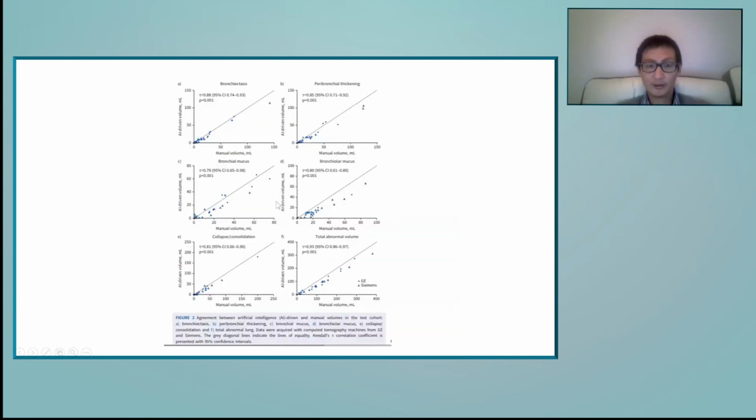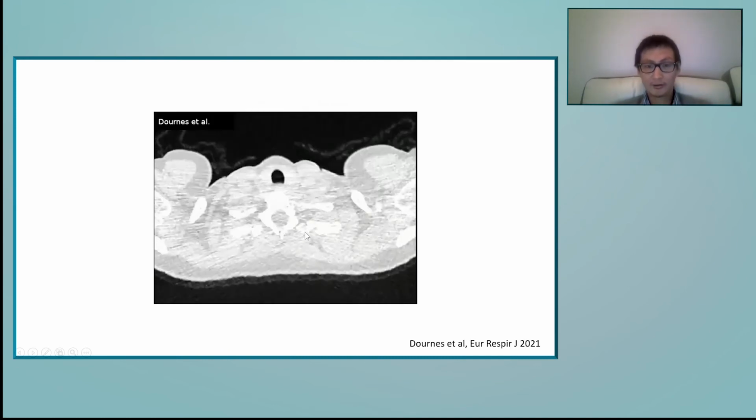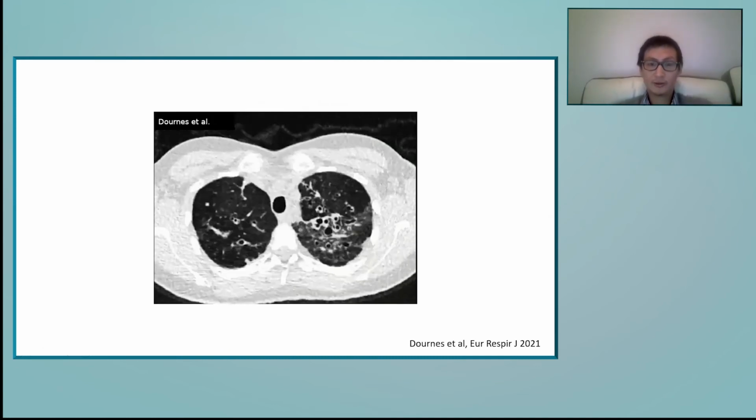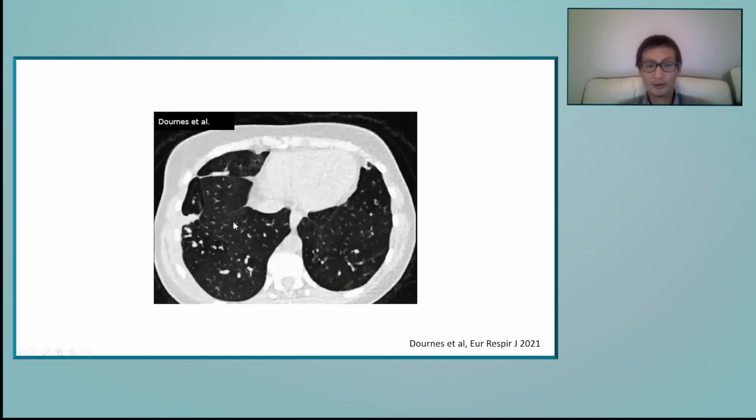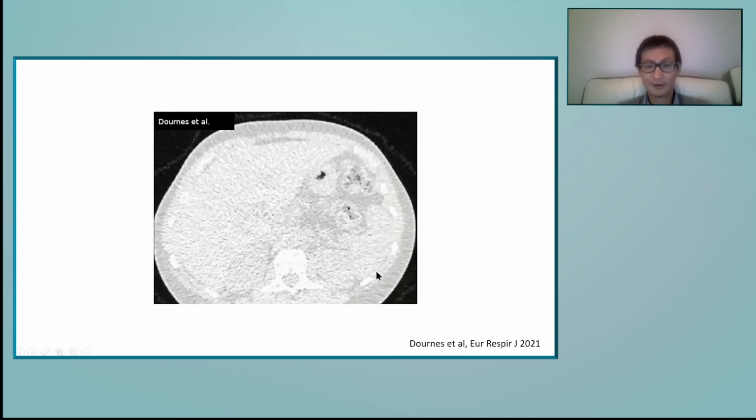So the AI still missed some abnormalities. So as compared to the human segmentation, there was an underestimation of the lesions, but the concordance was very good. And here is an example in a video of a full set of CT images, so you can recognize maybe the lung structural abnormalities.